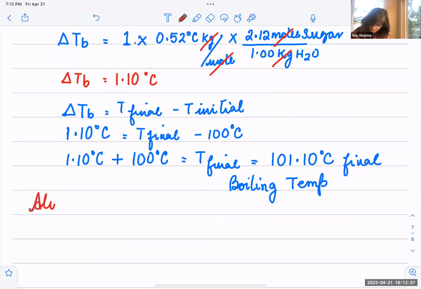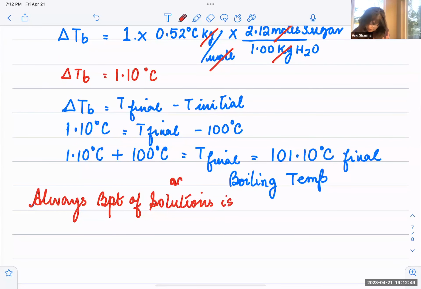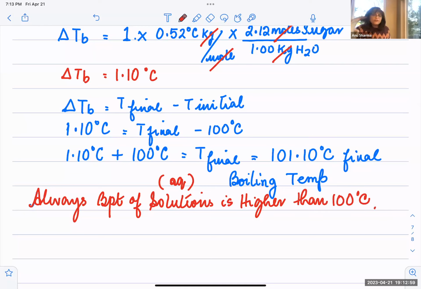Always, the boiling point of aqueous solutions is higher than 100 degrees Celsius.